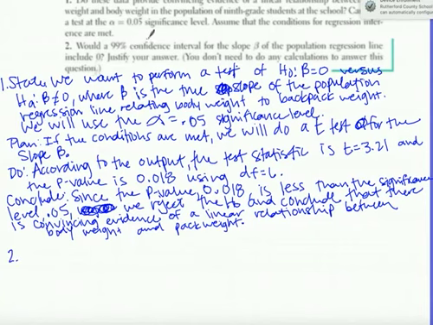Number 2 said, would a 99% confidence interval for the slope beta of the population regression line include 0? Justify your answer. You do not need to do any calculations to answer this question. So basically, for this one, the answer would be yes.